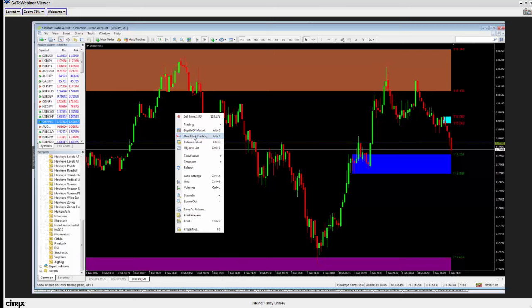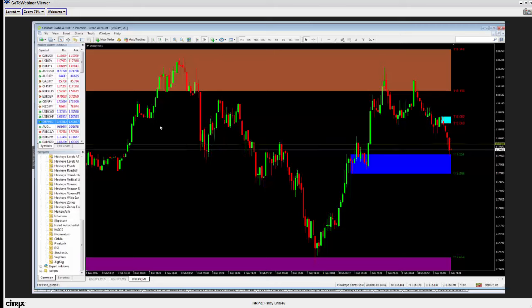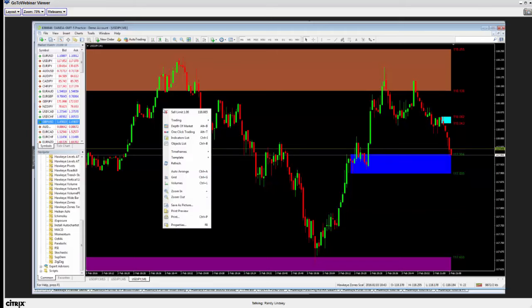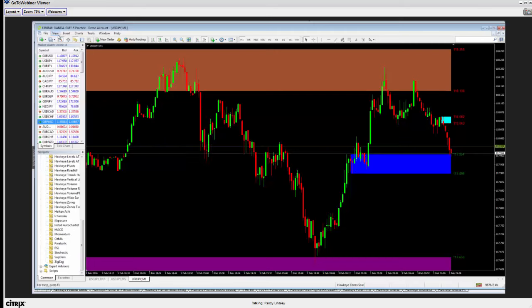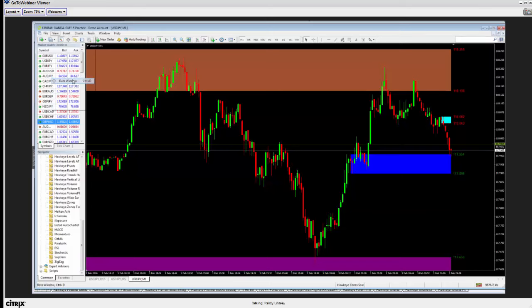Data window. Where's the data window at? How do I show the data window on MetaTrader 4? I never do that. I thought I could show it here. No. There it is, right there. Data window.